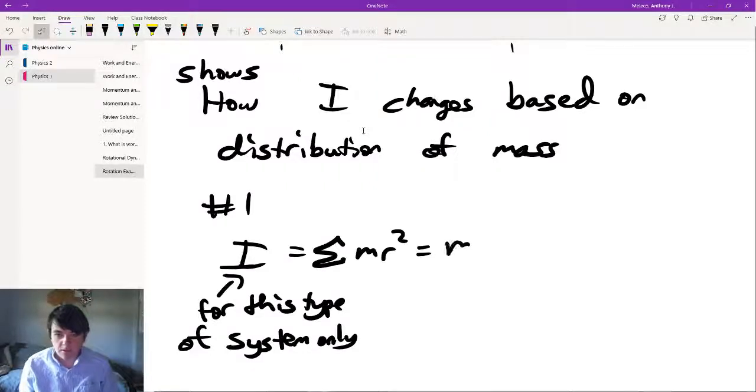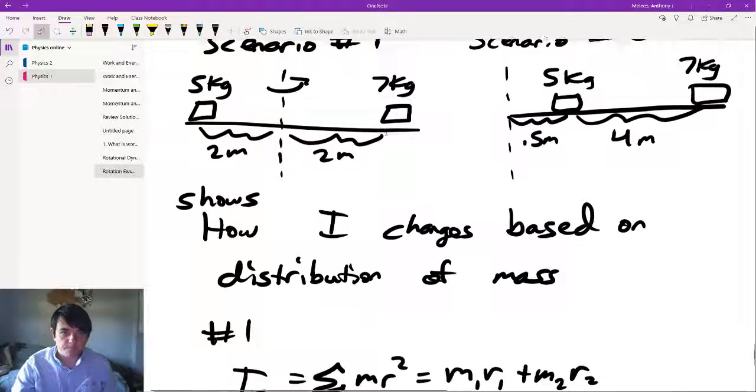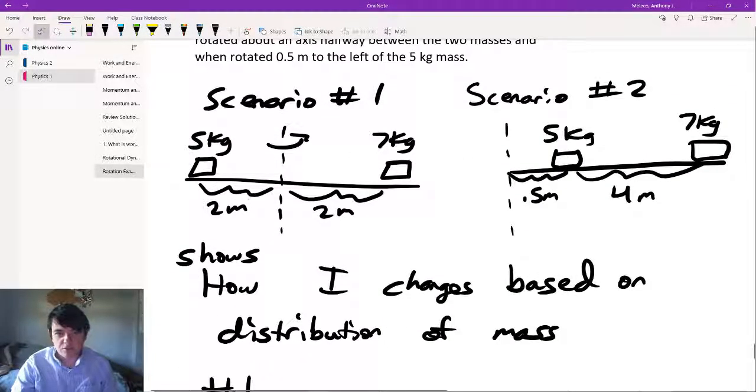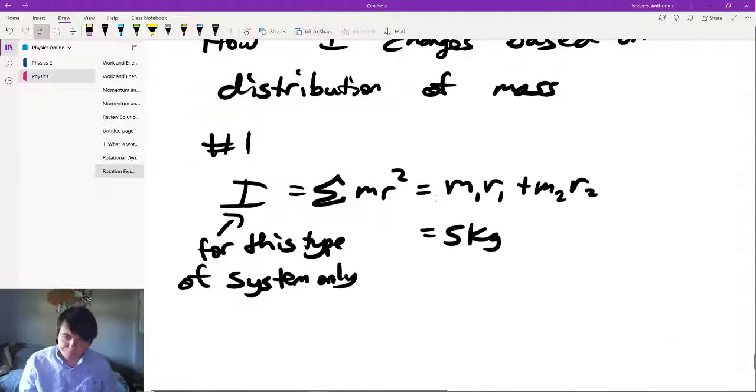So this would be equal to mass 1, R1 squared, plus mass 2, R2 squared. Mass 1 is 5 kilograms for the first scenario, okay? And it is 2 meters from the axis of rotation. I forgot to label it as an axis. Okay, so it's rotating about these points. Doesn't matter the direction in this instance.